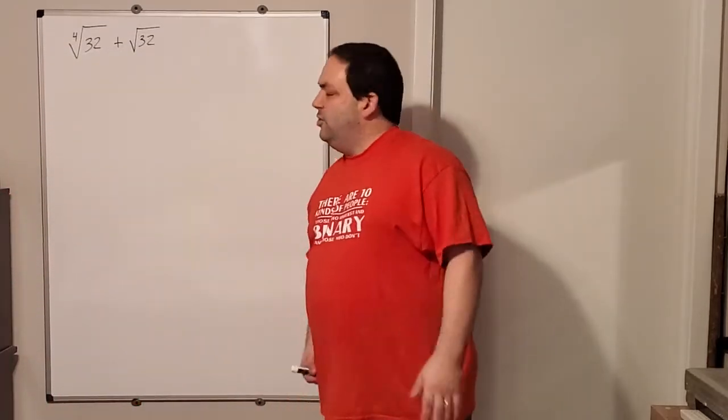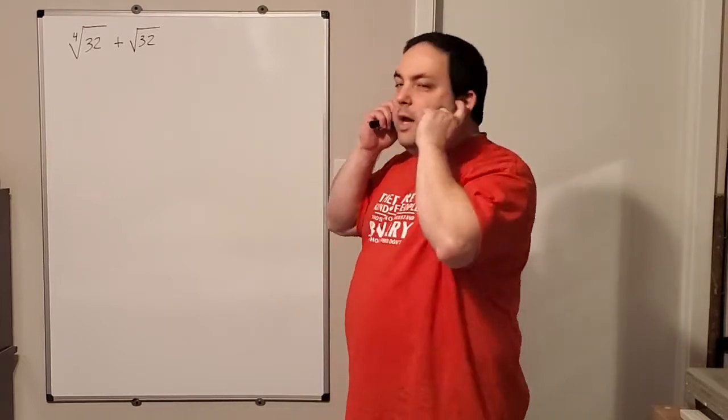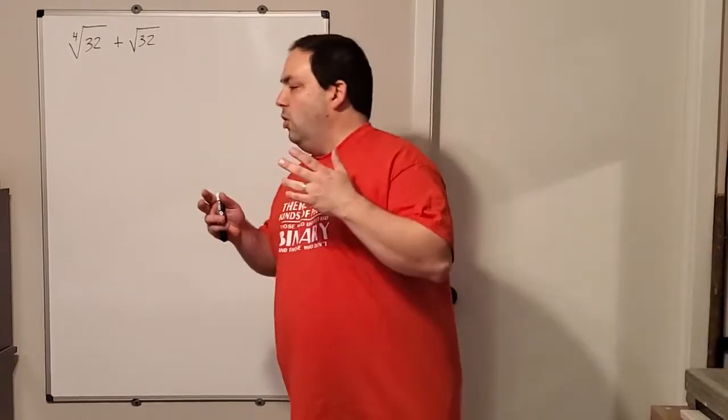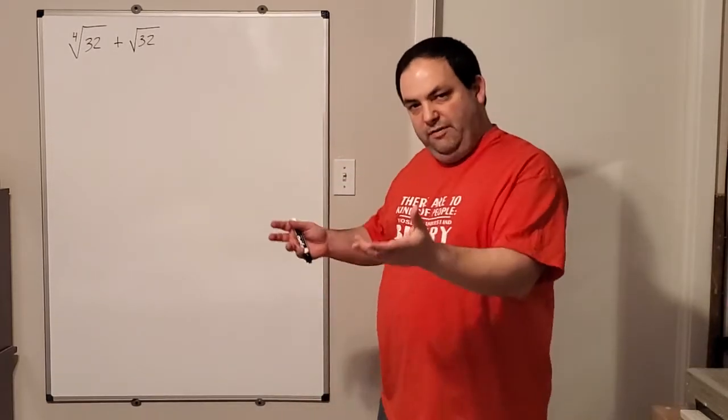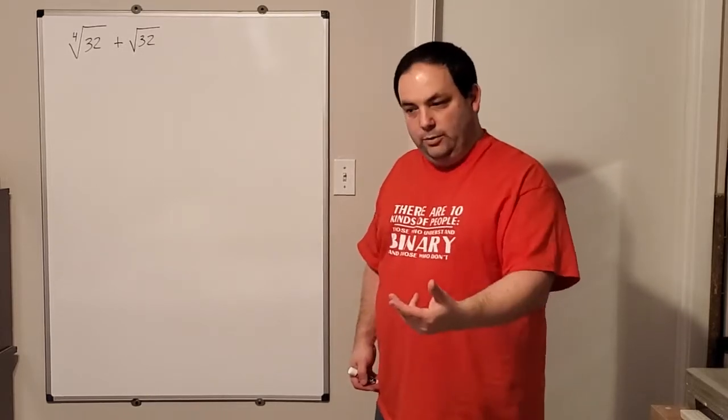Okay, in this case, you can already guess the root numbers are different. So I know I'm not going to be able to combine anything at the end. But the instructions are still the same. Simplify. So if I can simplify one of these, I need to.